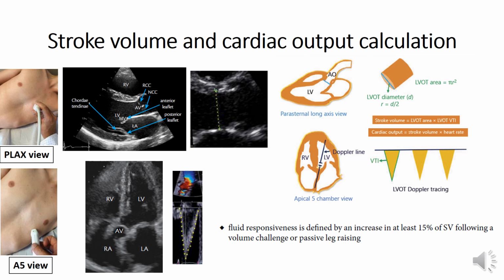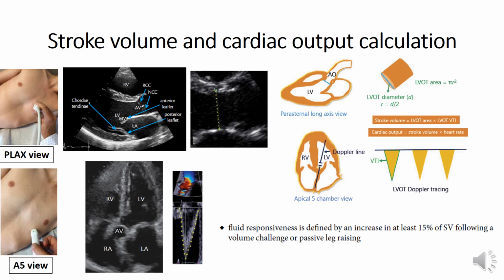We will not go through this, but if you get these measurements, you will automatically get the stroke volume. And as we all know, if we multiply the stroke volume by the heart rate, you will get the cardiac output.